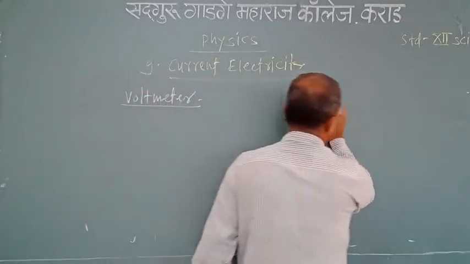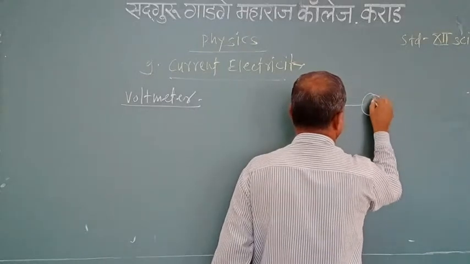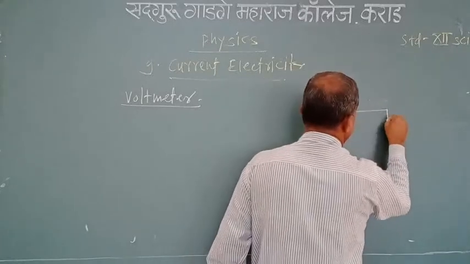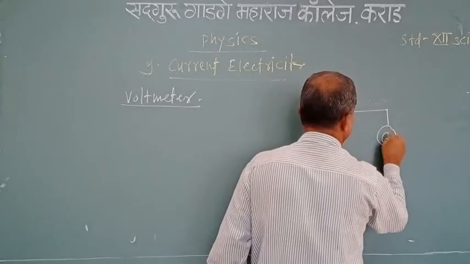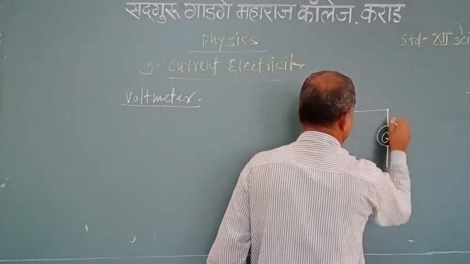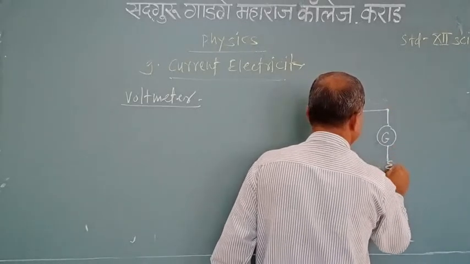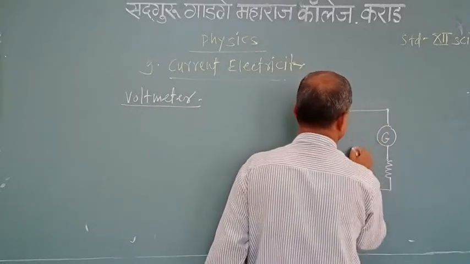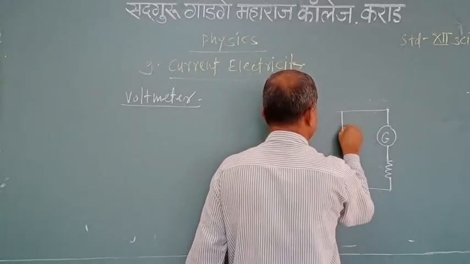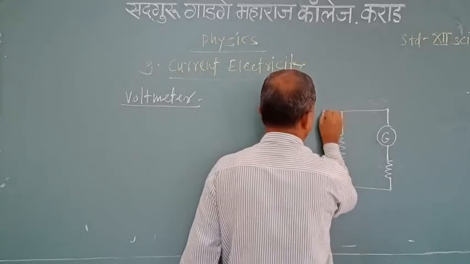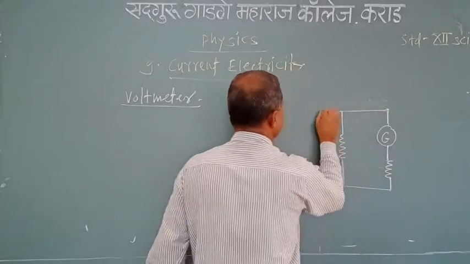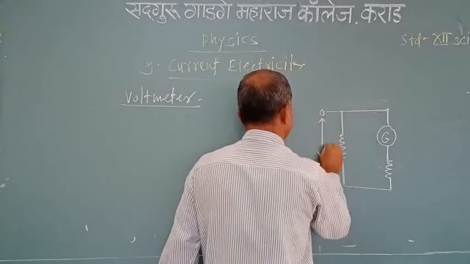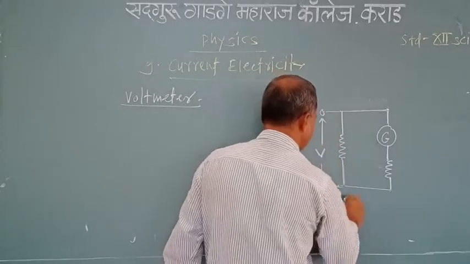Suppose this is a coil of MCG having resistance G. Connect a high resistance in series with the coil of MCG like this. This is resistance R and this is voltage V. This is the voltage V to be measured with the help of the voltmeter.